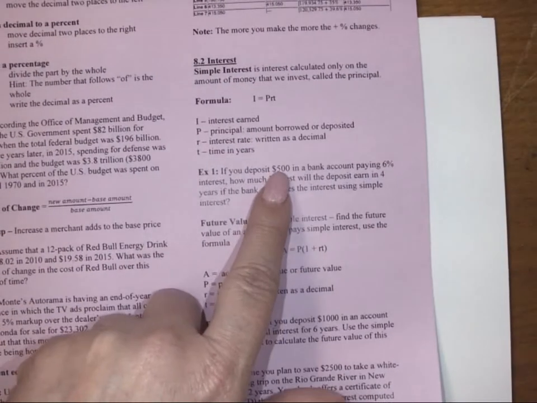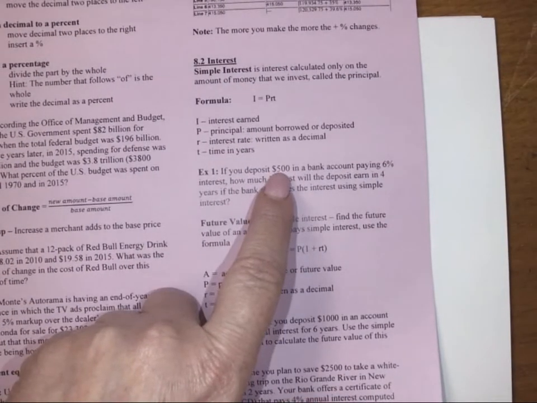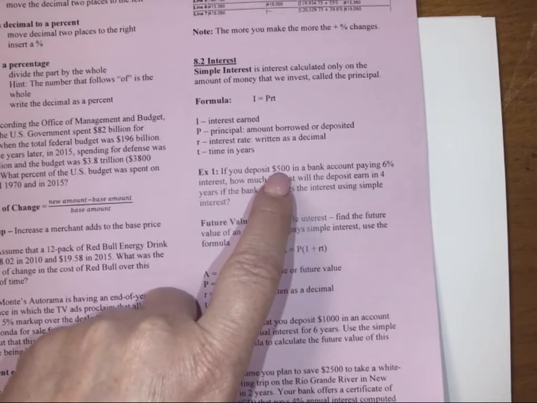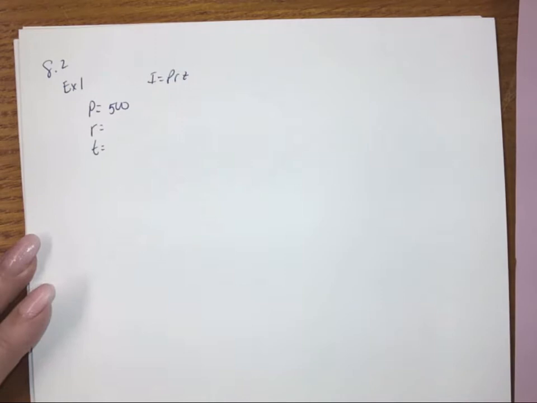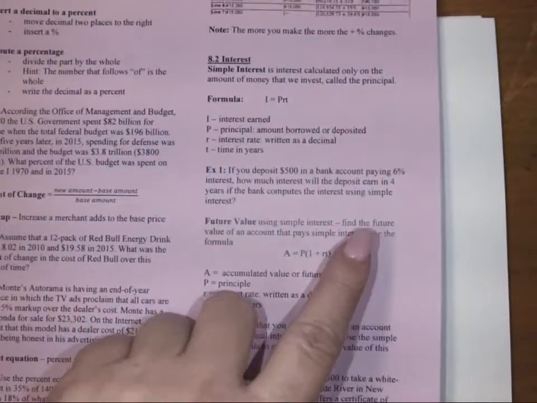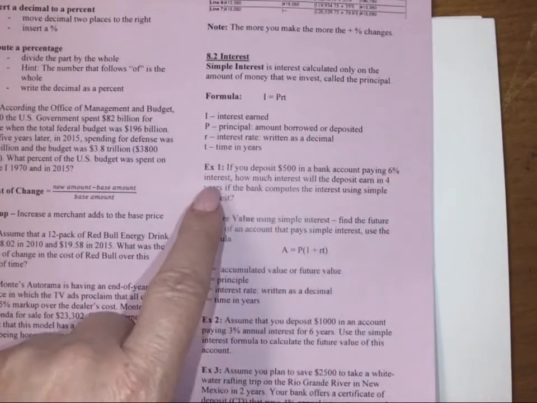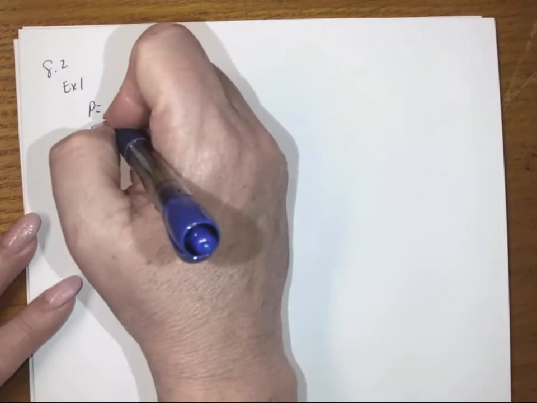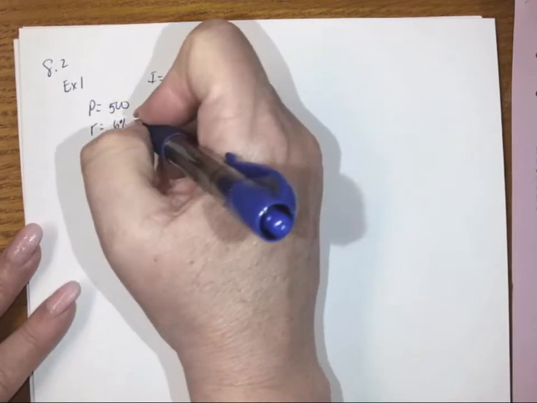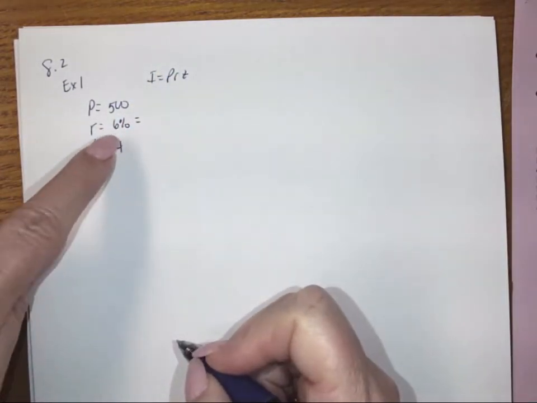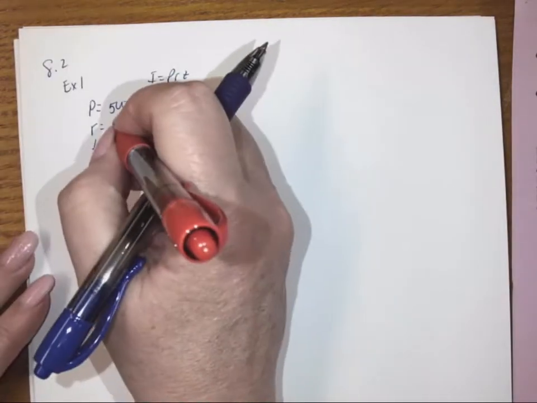So we're depositing $500. That is the amount that we are investing, depositing, or borrowing, whichever way you want to look at that. So P is going to be $500. Our rate, it's paying 6% interest, so that's 6%. And the T in that is going to be 4 years. So you need to remember that you have to change this to a decimal.